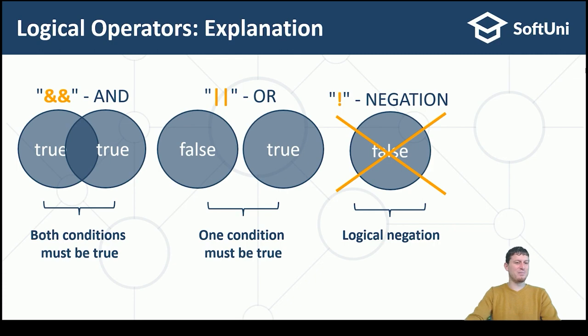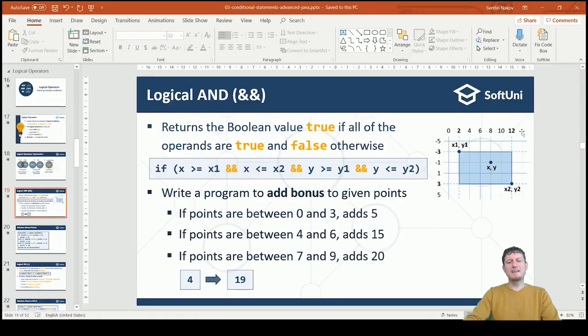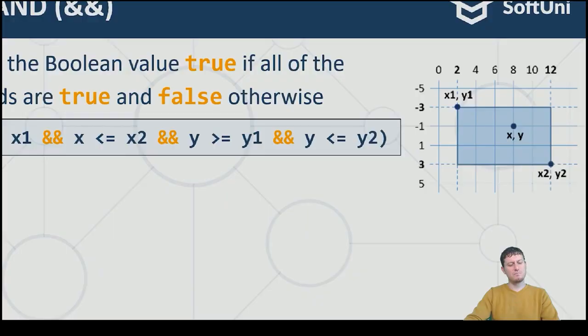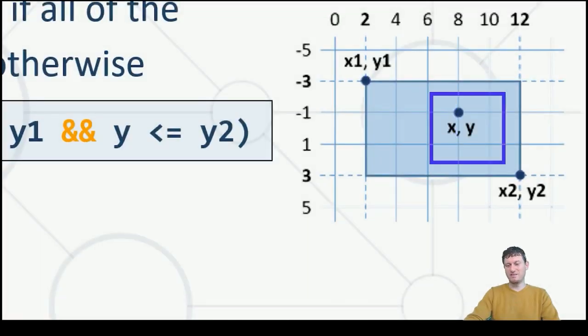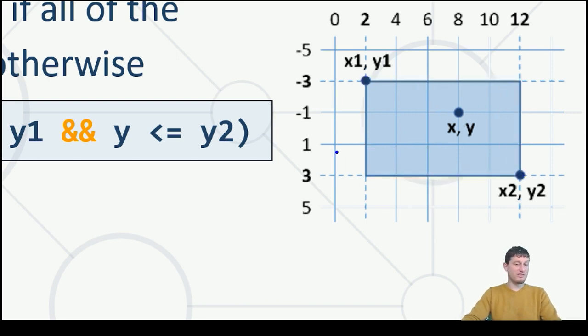This is an example of a Boolean expression which returns true if all the operands are true. Assume this problem here. I have a point x y, and this point is inside this rectangle if 4 conditions are true at the same time.